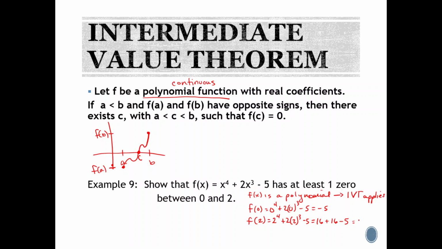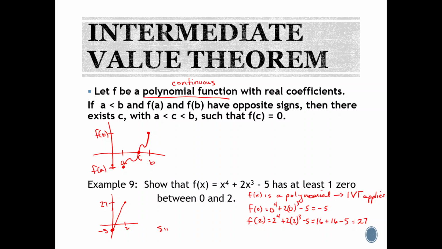So that's 32 minus 5, which is 27. So what I have discovered, if I were to look at the graph, is f of 0 is -5, and f of 2 is way up here at 27. So I have to connect the dots.